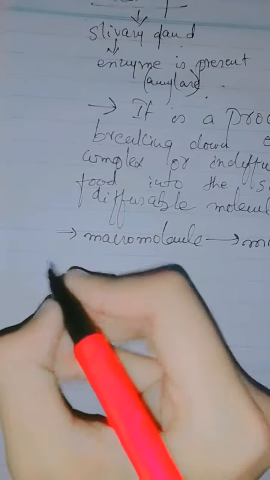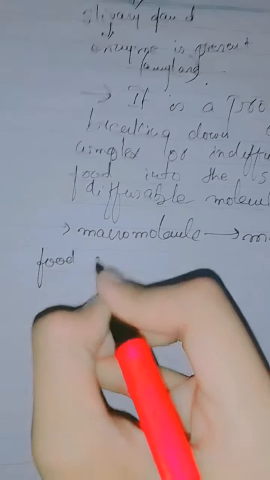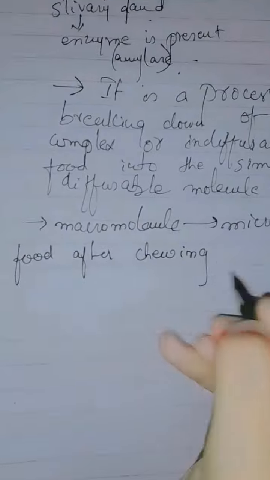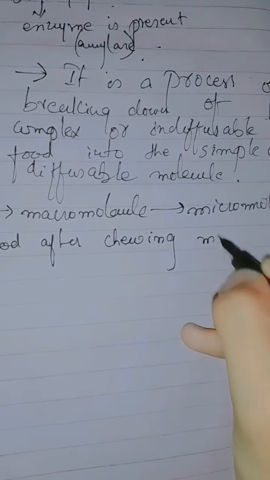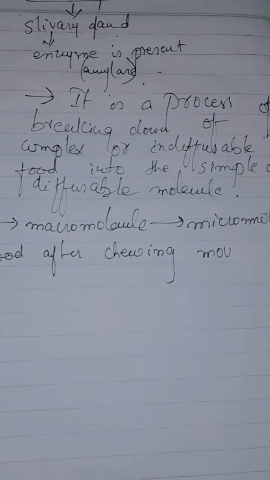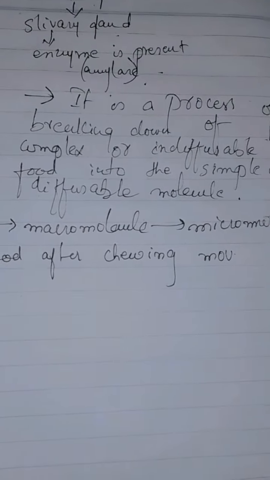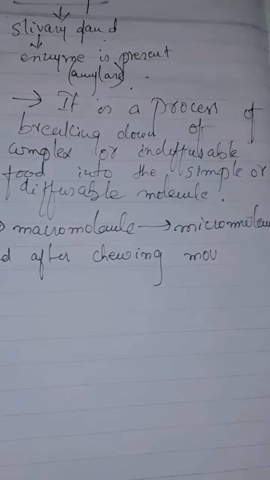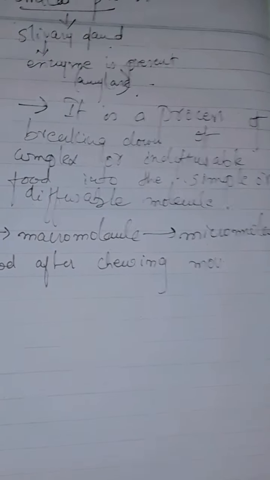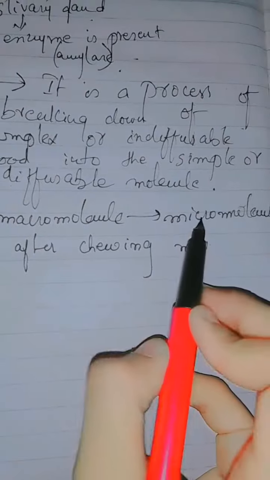Now the food after chewing, that was in the mouth, will move. Some particles will be digested, means the digestion will start from the mouth. Some particles have broken down from macromolecules into micromolecules.